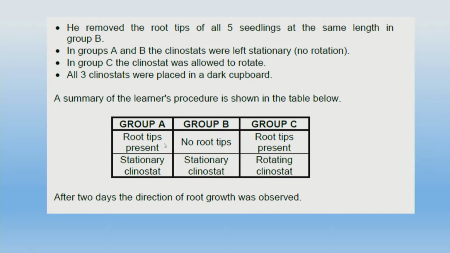Again on our table, remember that we have 15 seedlings divided into 3 groups: A, B, C, with 5 seedlings in each group. In group A, root tips are present, but the clinostat is stationary, not rotating. In group B, again 5 seedlings, no root tips, and the clinostat is stationary, not rotating.